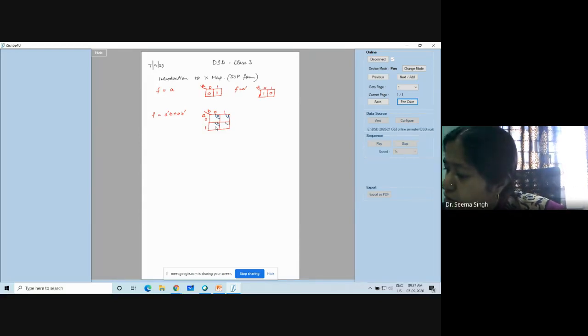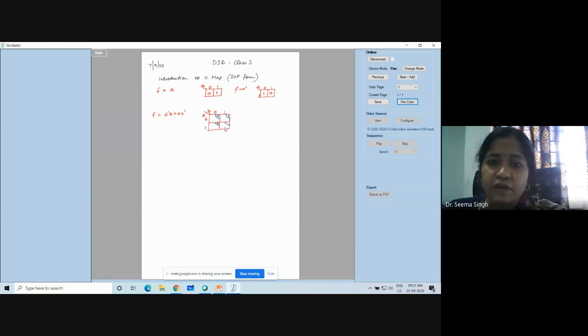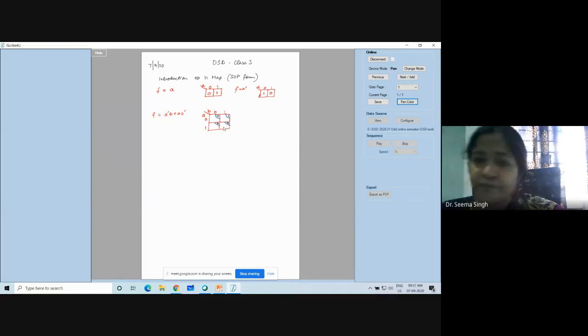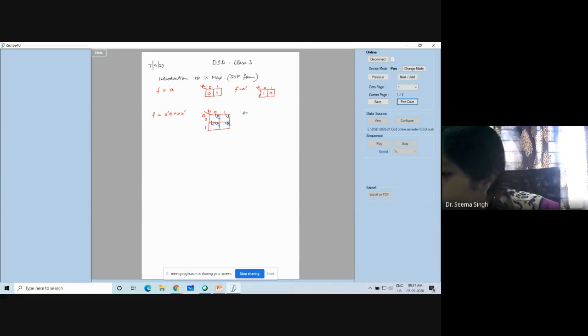And in this cell A is 1 as well as B is 1, so this cell depicts 3. So you can see this is a two variable K map.